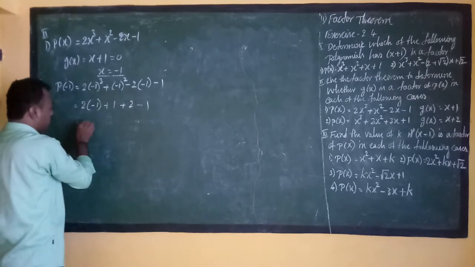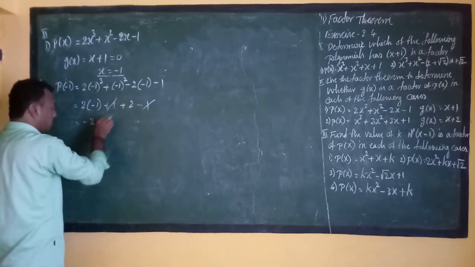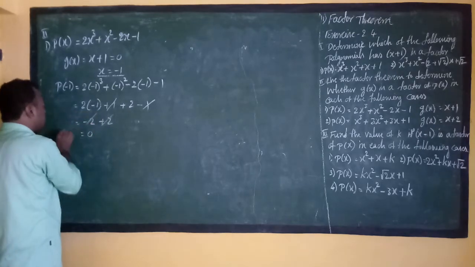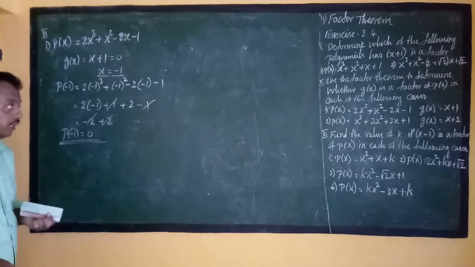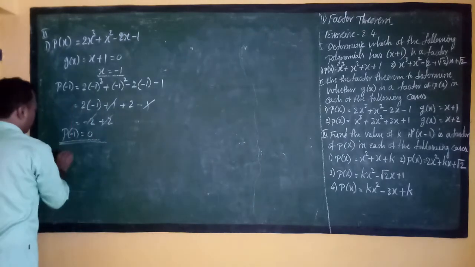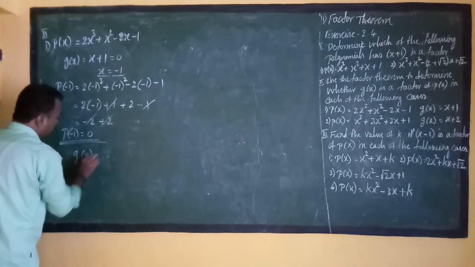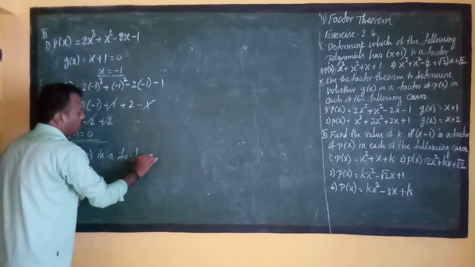So plus into minus, minus 2. Plus 1 minus 1 get cancelled. Remaining plus 2. Again plus 2 minus 2 get cancelled. Remaining 0. Therefore, P of minus 1 becomes 0. Yes, if it becomes 0, therefore g of x is a factor of what? P of x.